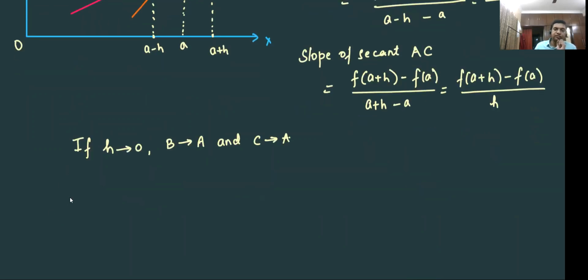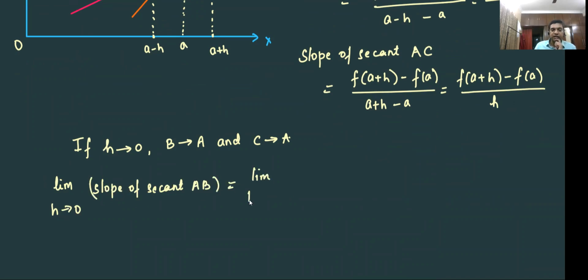So this limit, limit h tends to 0 of the slope of secant AB, is limit h tends to 0 of f of a minus h minus f of a upon minus h.